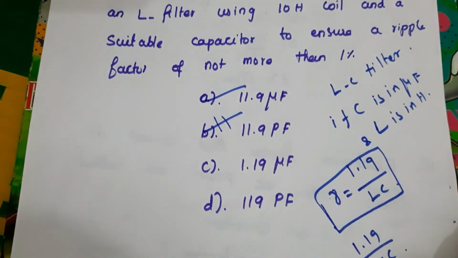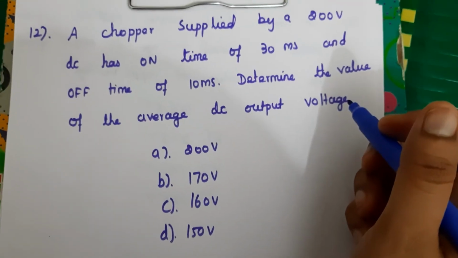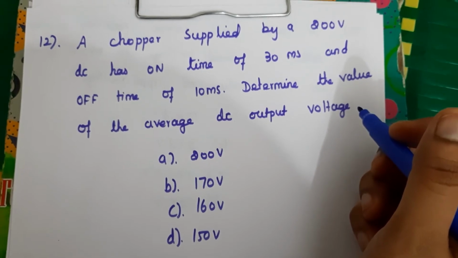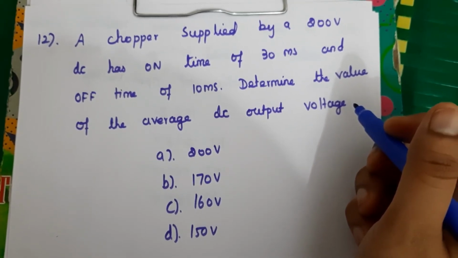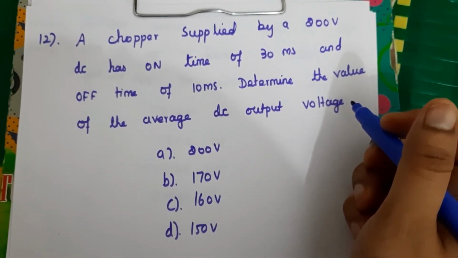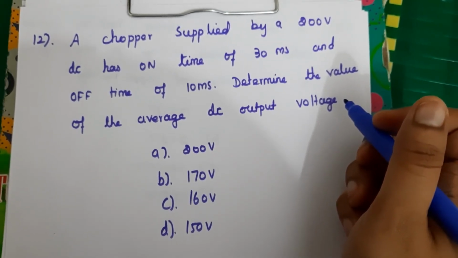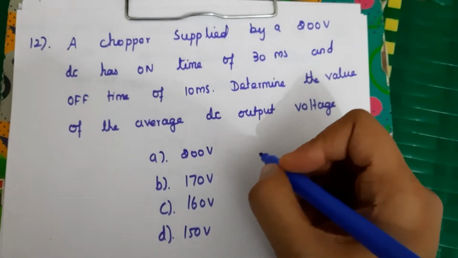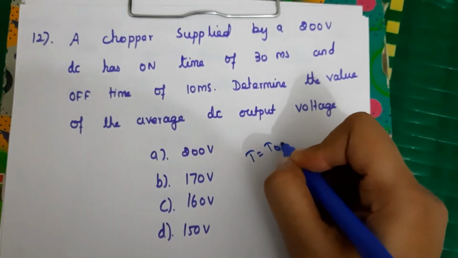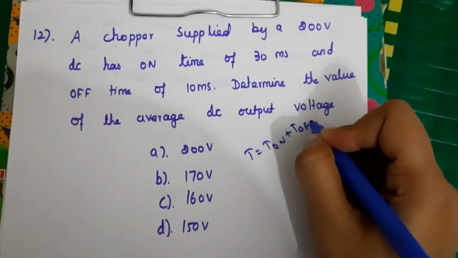12th question. A chopper supplied by a 200 volt DC has an on time of 30 millisecond and an off time of 10 millisecond. Determine the value of the average DC output voltage. We know T is equal to T on plus T off.